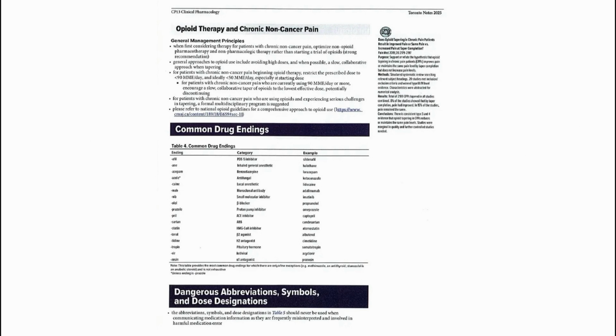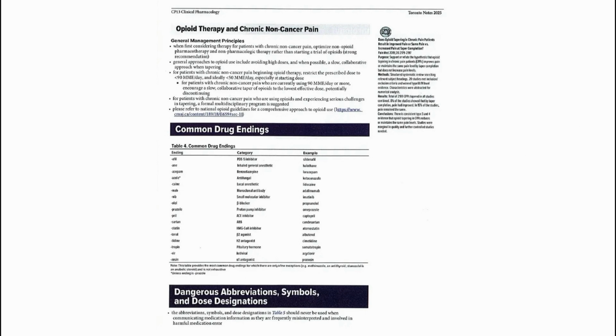The third recommendation concerns opioid dosage. Patients beginning opioid therapy should generally receive less than 90 morphine milligram equivalents, or MME per day. Ideally, less than 50 MME per day, particularly when initiating therapy.